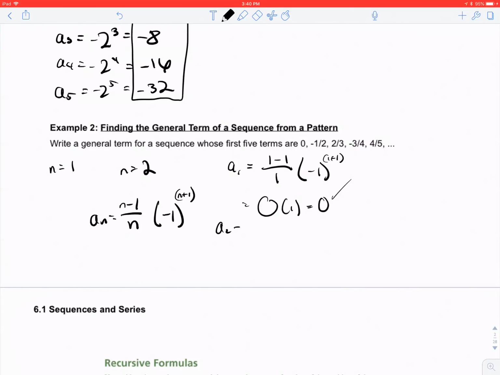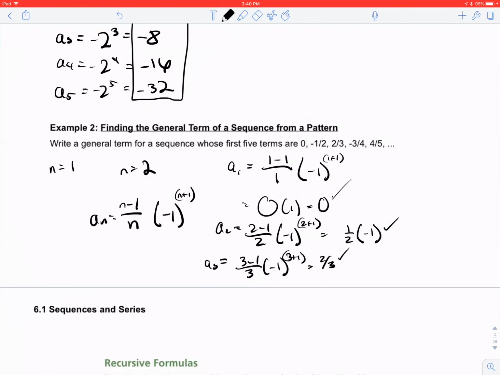Then a2 is going to be 2 minus 1 over 2 times negative 1 to the 2 plus 1. So that's 1/2 times a negative 1, and we get our desired result. A3 is going to be 3 minus 1 over 3 times negative 1 to the power of 3 plus 1. So now it's positive, and it's going to be a positive 2 over 3.